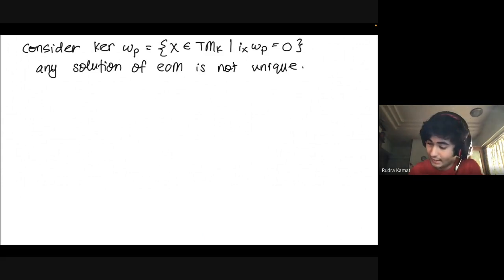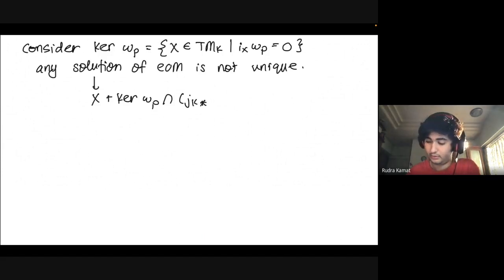Because we can take any x, any solution of EOMs, and add an element of the kernel of omega sub p, or rather a kernel of omega sub p intersection with the push forward of JK in TMK, because since x is going to be in TMK, by extension we also need the kernel element to be one from TMK.